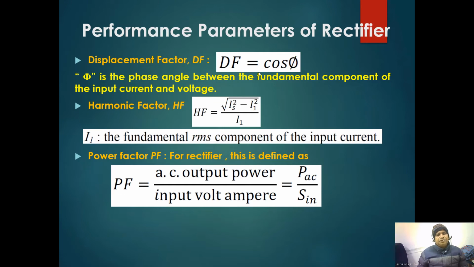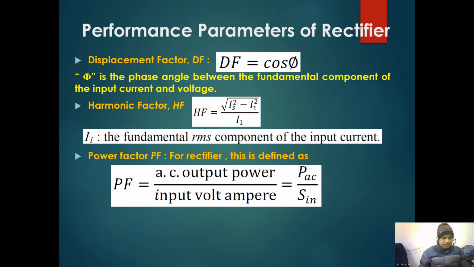So displacement factor is cos phi, and phi is the phase angle between the fundamental component of the input current and the voltage. So when we have a non-sinusoidal wave, you need to do the Fourier analysis, then find the fundamental component and the difference between the fundamental component of the current and the voltage.